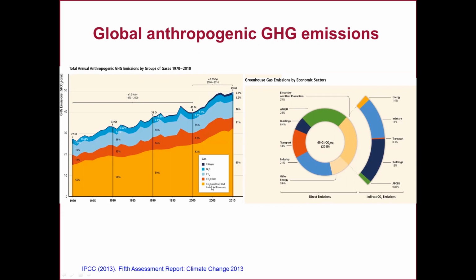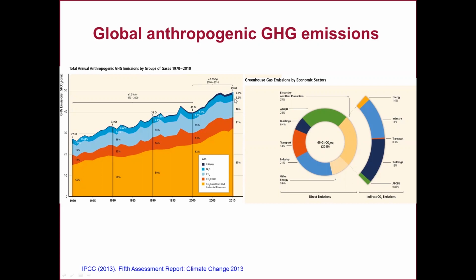One is fossil fuel combustion or industrial processes such as cement, which accounts for around 65% of total emissions, followed by carbon dioxide from forestry and land use change related activities, which is around 11%. Methane emissions, which largely occur from agriculture related activities from animals and rice cultivation, account for 16%.